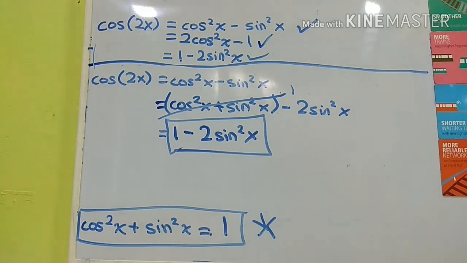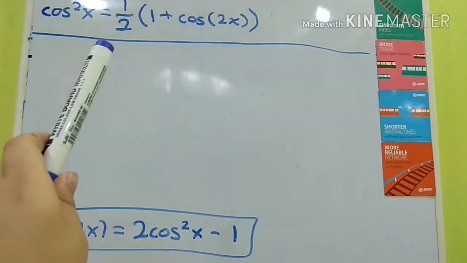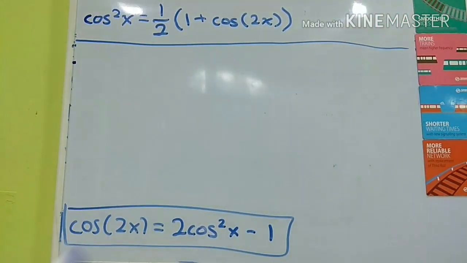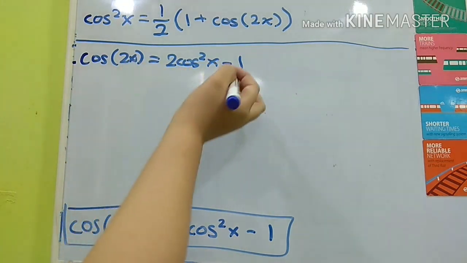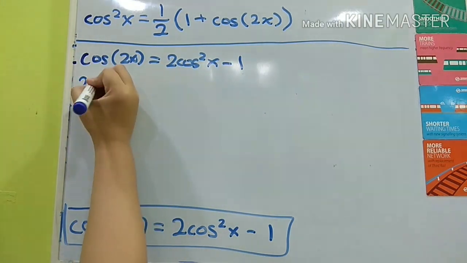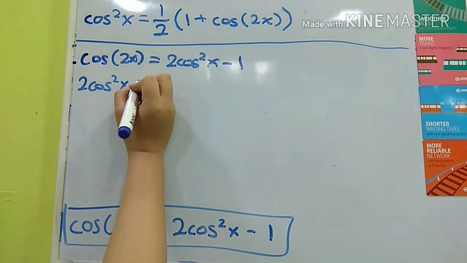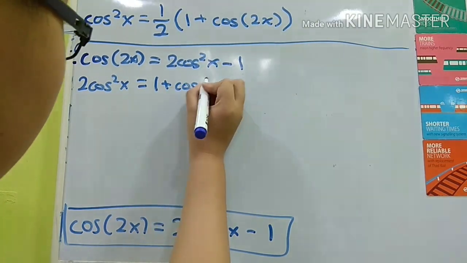I'm gonna be proving two last ones, in fact. Alright, this is the second last one. The cosine square of x is equal to half of 1 plus cosine of 2x. This is the most simple one I know. Okay, so now all we have to do is just rearrange this equation. Let's bring the one over here, and I'm just going to reverse the equation to give 2 cosine squared of x is equal to 1 plus cosine of 2x.